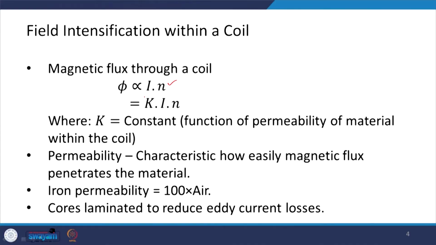If we replace this proportionality sign with an equal sign, I put a constant k, and this k is a function of the permeability of the material within the coil. Permeability is a property that characterizes how easily magnetic flux can penetrate the material. To give you some idea about permeability, iron permeability is around 100 times that of air.